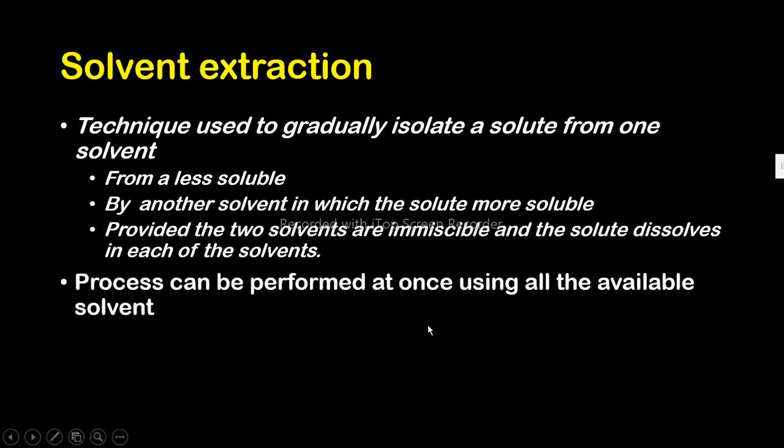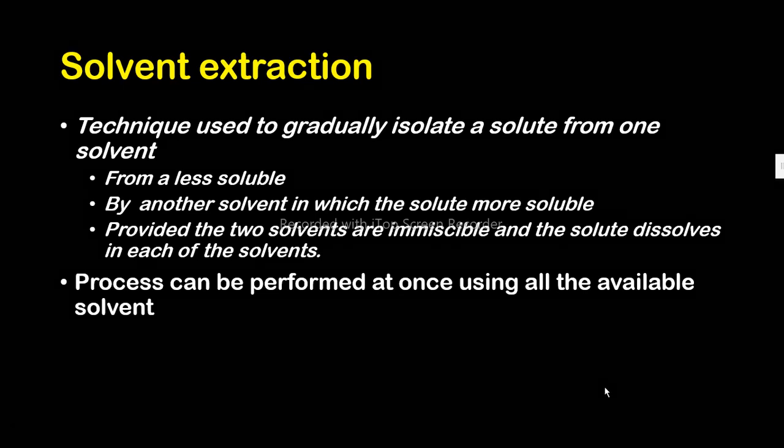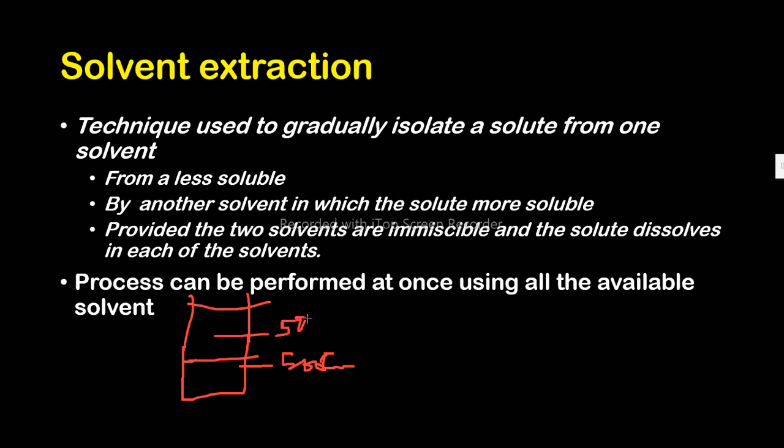Can the process be performed at once? Yes, you can. Maybe you have 50 centimeters cubed of the mixture of your solvent and the solution, and you mix it with another 50 centimeters cubed, and you stop there.